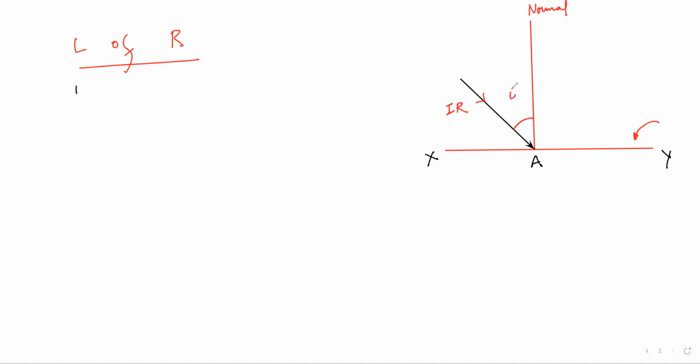Let us say this angle is I, the angle of incidence, and this is the point of incidence A.